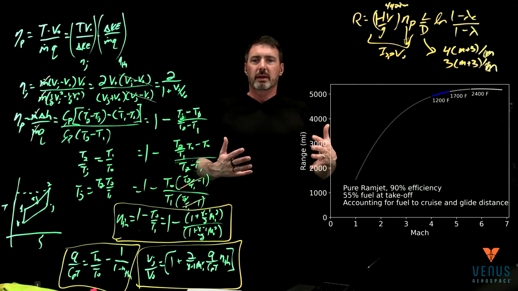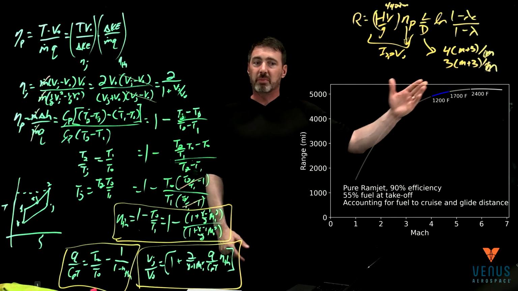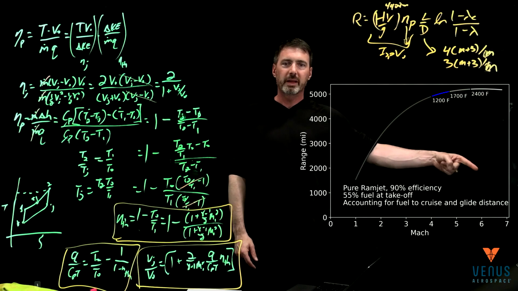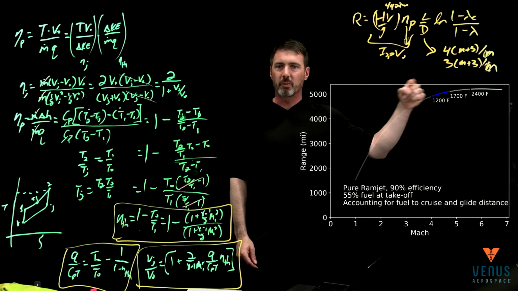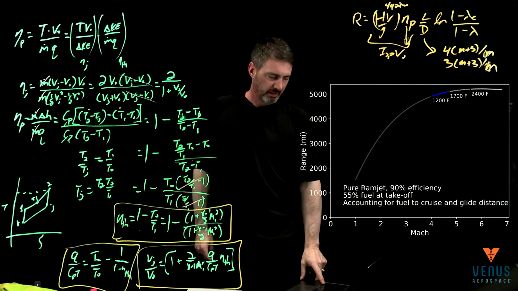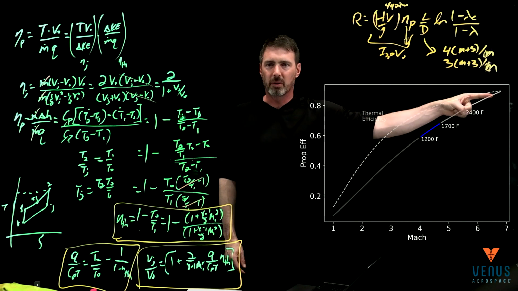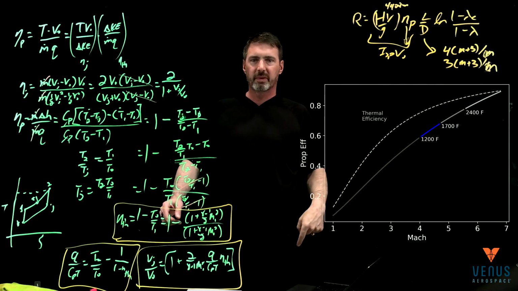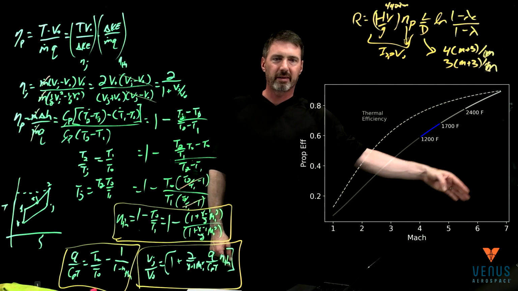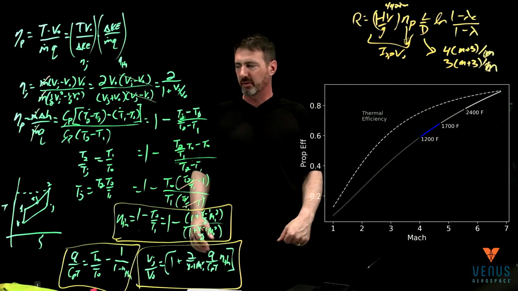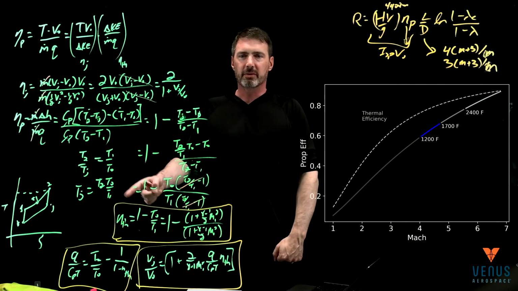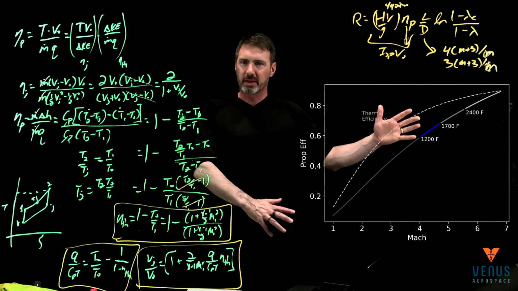Now, I want to highlight the reason these plots are stopping at this weird number here. That's actually the point at which you can't add any fuel, right? It is after compression at Mach 6 and 0.6 to ramjet, it's already at T2 over T1 being 10. So there's kind of a limit.